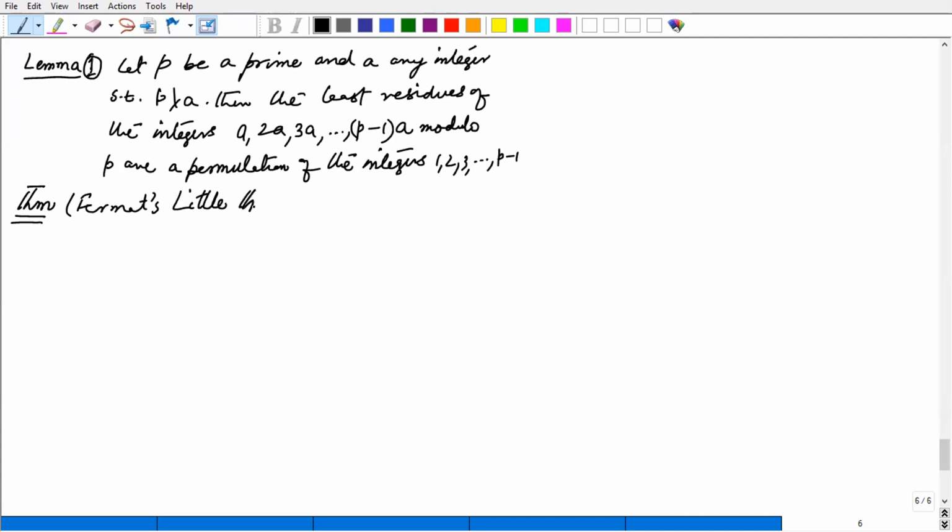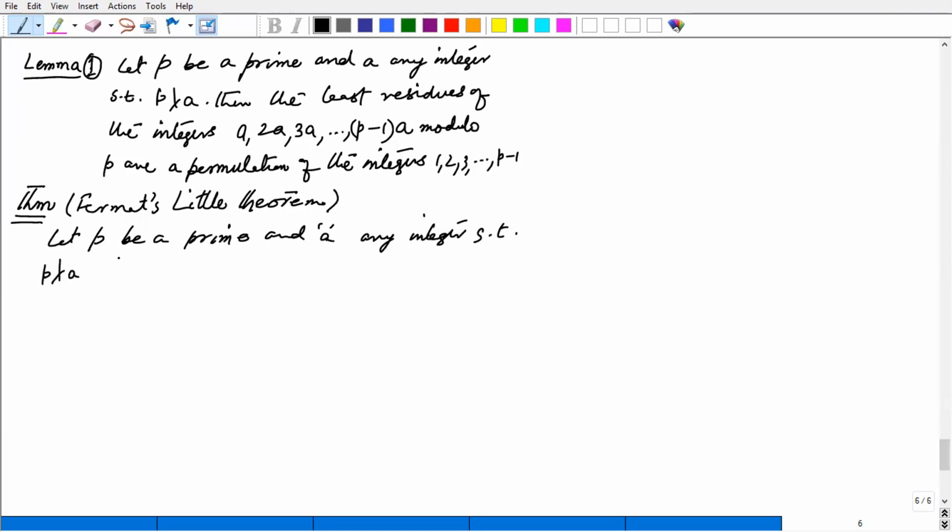The statement: let p be a prime and a any integer such that p does not divide a.